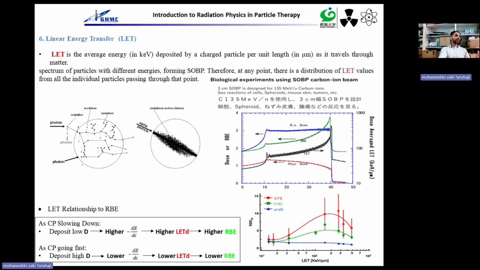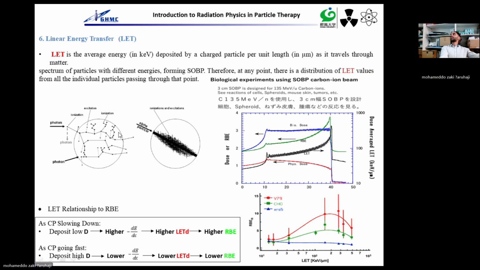Most of the ionization and excitation and the interaction, the energy is going like a track line. Whereas in the low LET, the excitation and ionization is happening somewhere randomly.